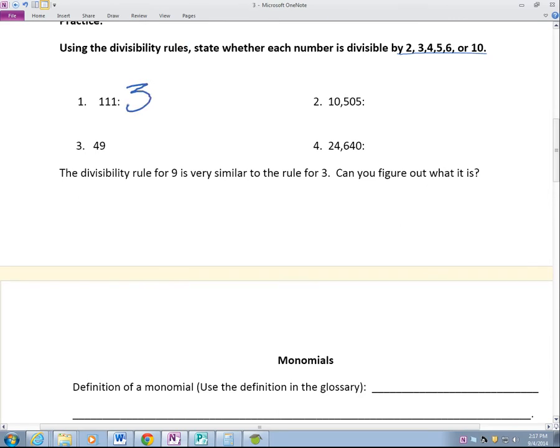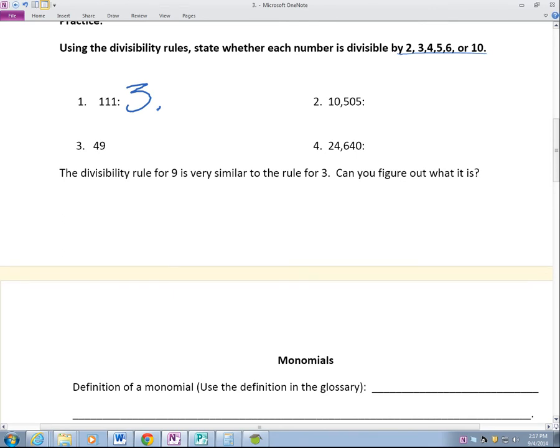Then we try 4. 4 doesn't work because it has to be an even number, and the last two digits, the 10s and the 1s, have to be divisible by 4. 11 is not divisible by 4. For 5, it doesn't work because it has to end in a 0 or 5. And for 6, it doesn't work because it has to be divisible by 2 and 3. And for 10, it doesn't work because it has to end in a 0.